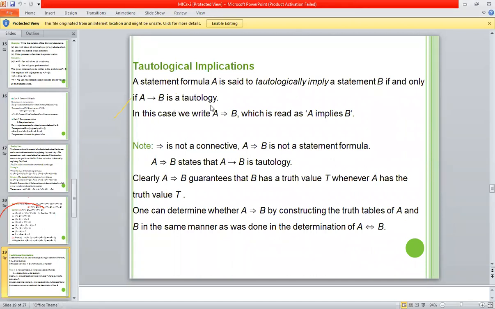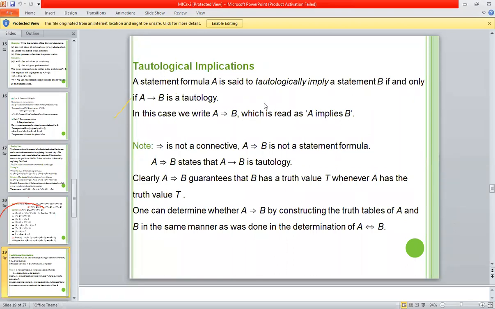In this case, we write A implies B, which is read as A implies B.